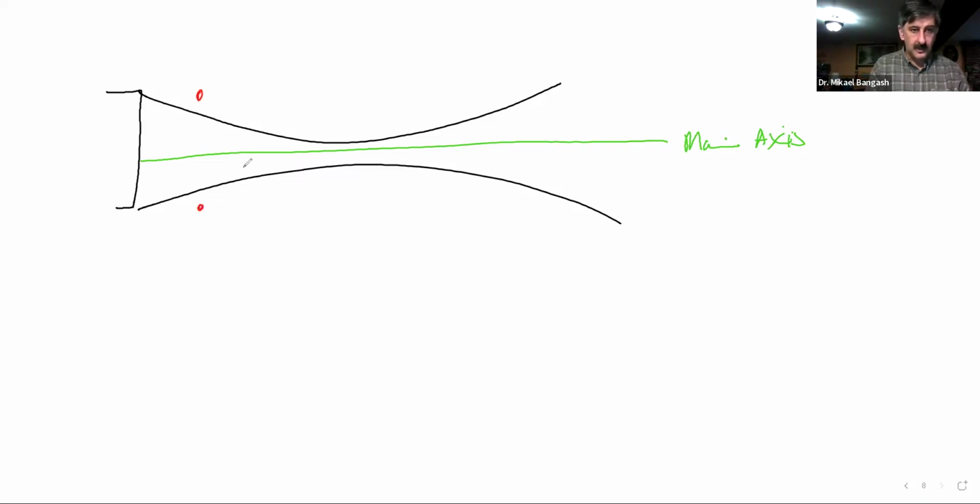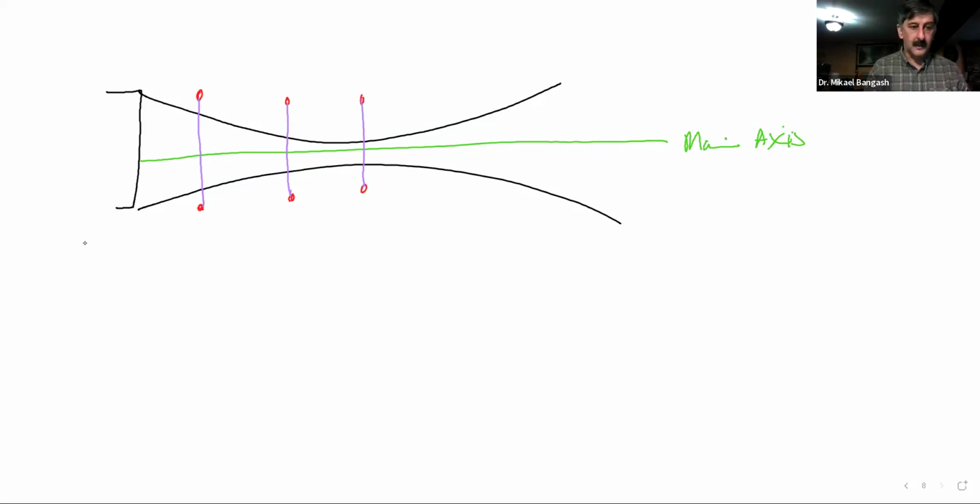Let's say these were our structures here, for instance. What we see is that they are perpendicular to the beam's main axis, or side by side, on either side of the beam's main axis.